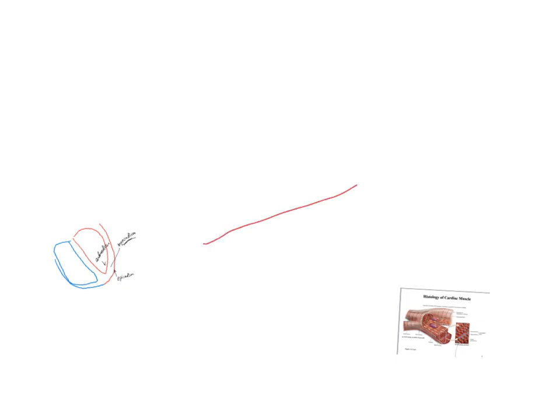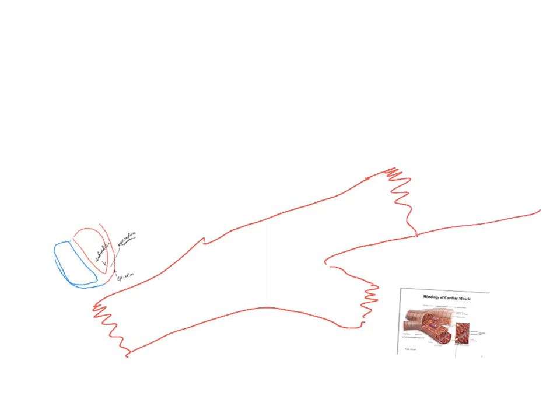In some cases they can be branched, and they have attachments to one another. Kind of look like this. They attach to each other. They're usually uninucleated. What else do they look like?